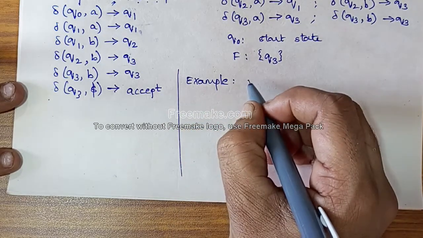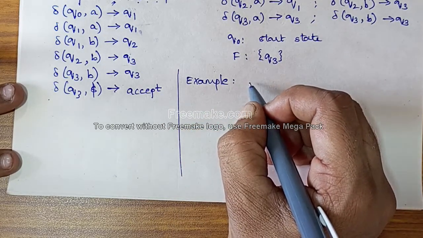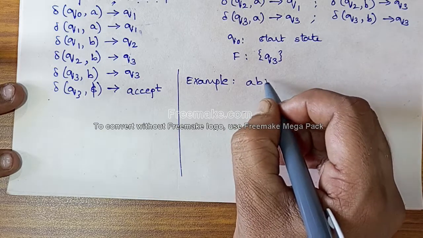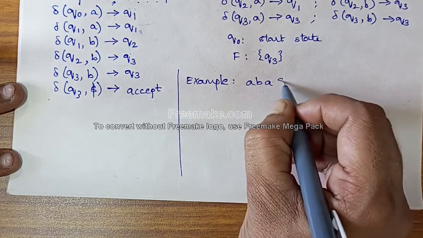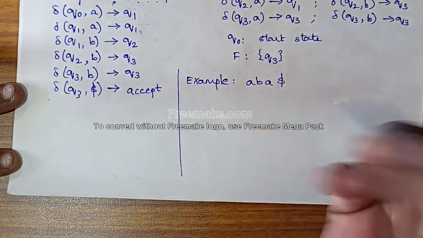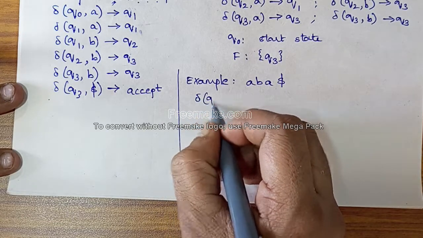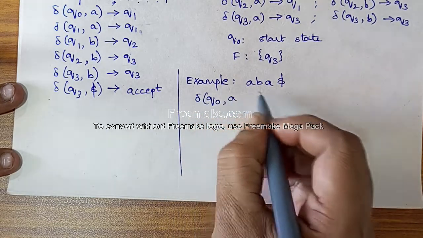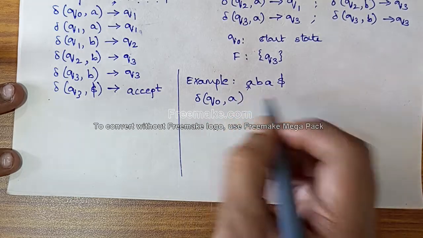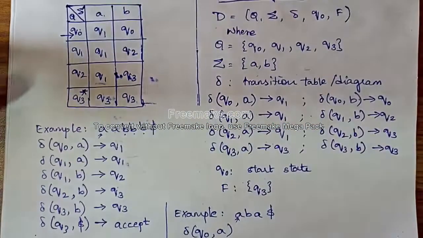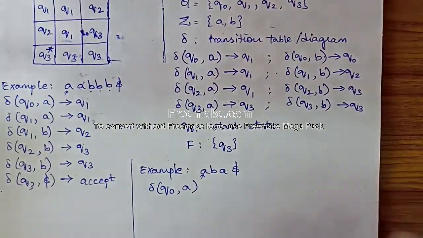What will be an invalid string? Whatever does not contain the substring ABB. So I'll just take a string ABA. Always I'll start with the start state and the first input symbol. Q naught on reading a A goes to Q1.